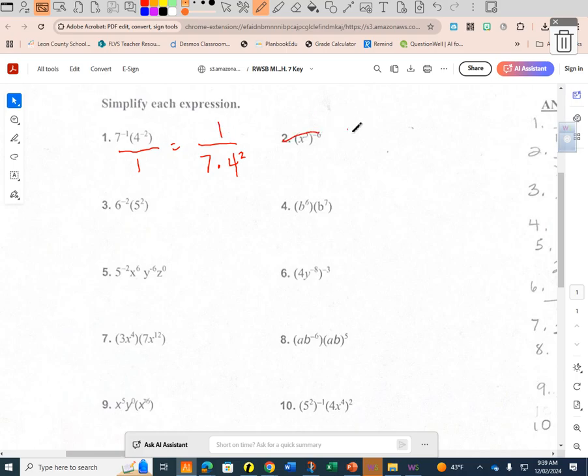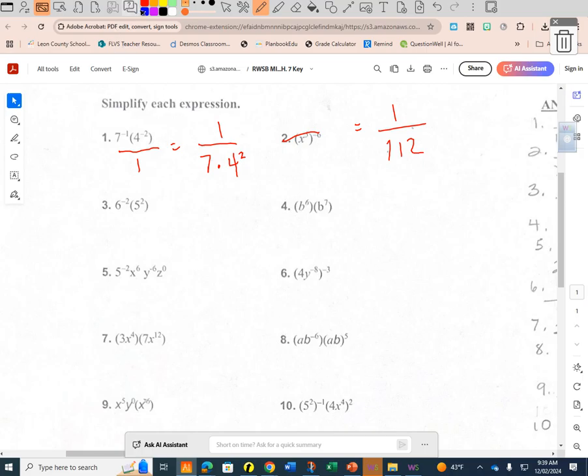So now on our calculator, do 7 times 4, hit the x squared button. Tell me what you get. Anybody? 112 is right. So that's the final answer for number 1.